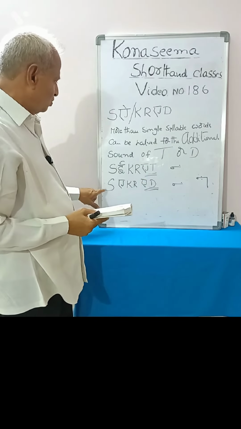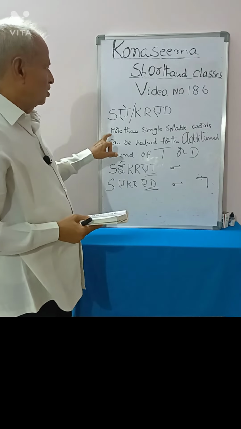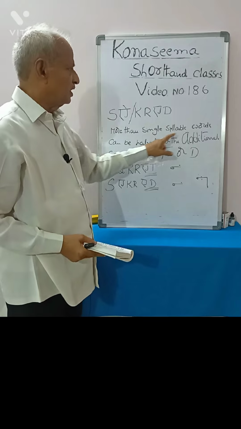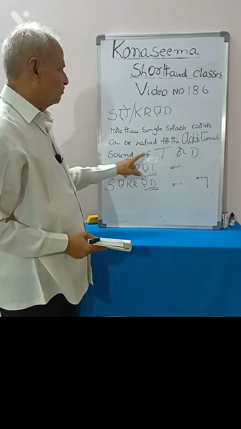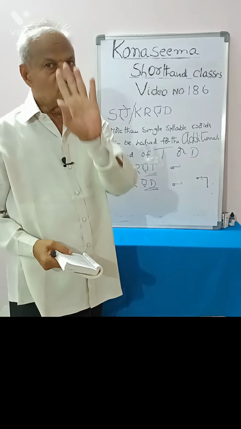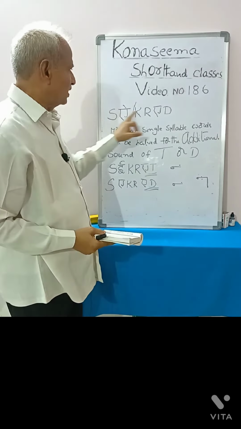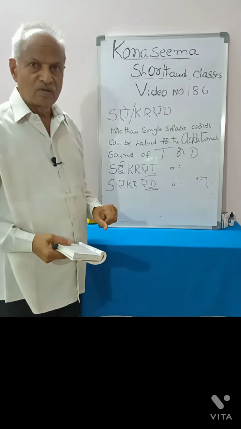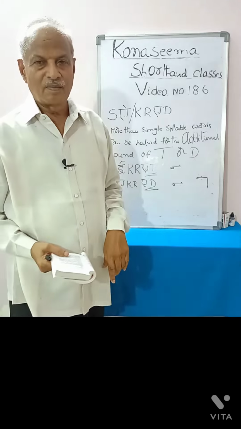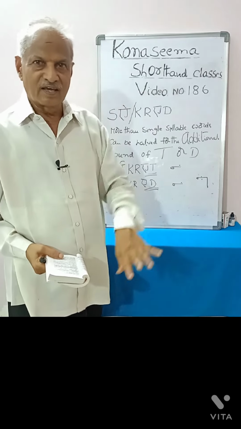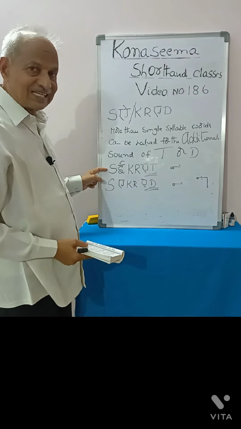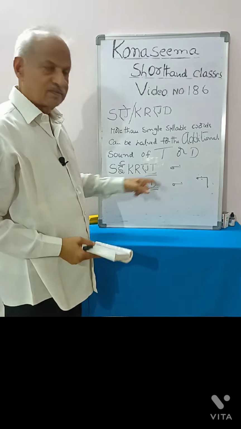Sacred also we can write like this, because in more than single syllable words it can be halved for the addition of either T or D. As per that rule, we can write both secret and sacred like this.